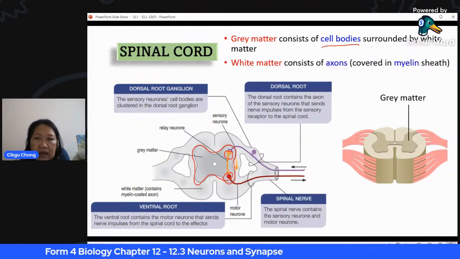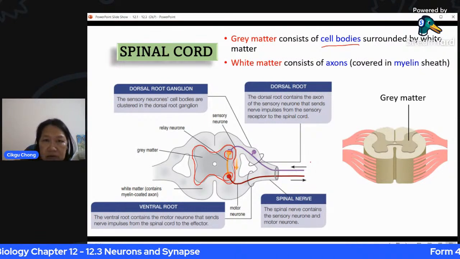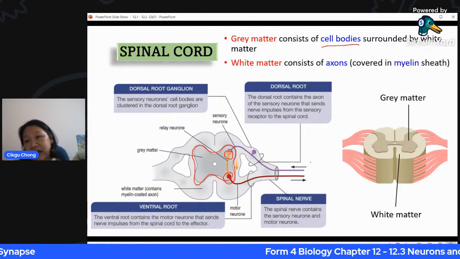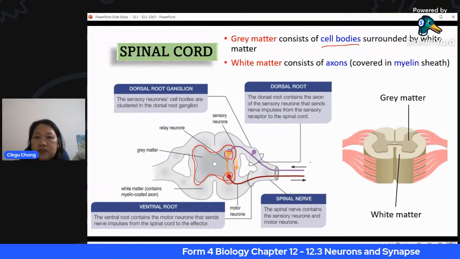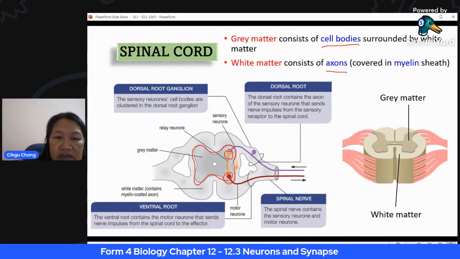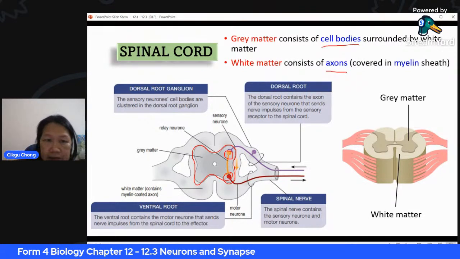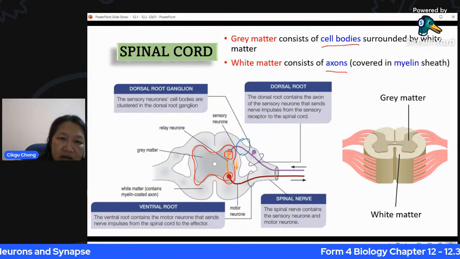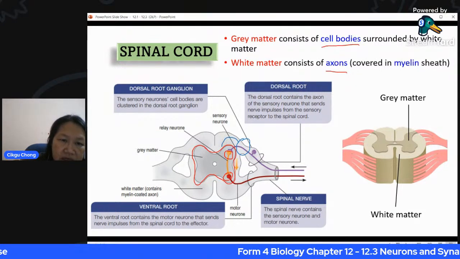We forget about the white matter for now, and go back to it later. White matter is the other one, on the outer side. This one consists of axons. All these outside here are axons coming in and moving out.